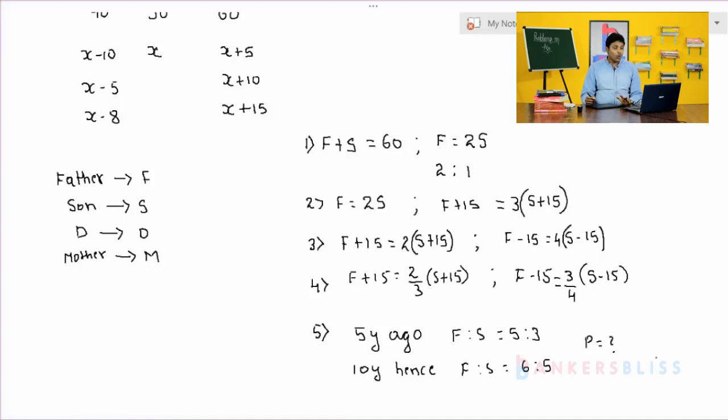So what are the approaches we have to follow to solve these 5 varieties of questions? We have only 3 methodologies to solve them. The first methodology is the general method.